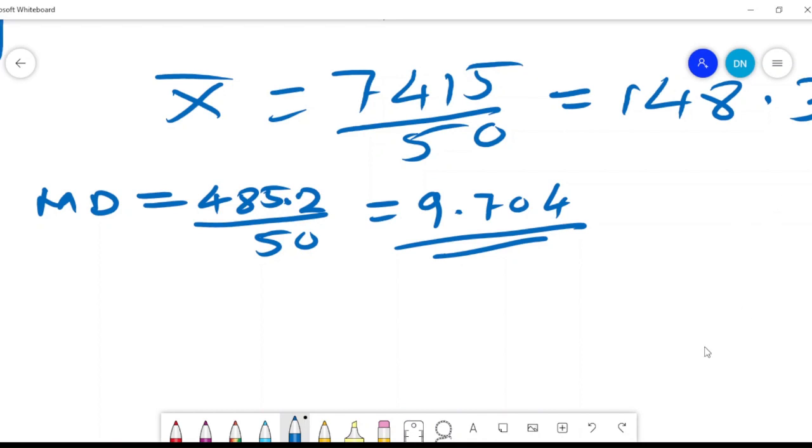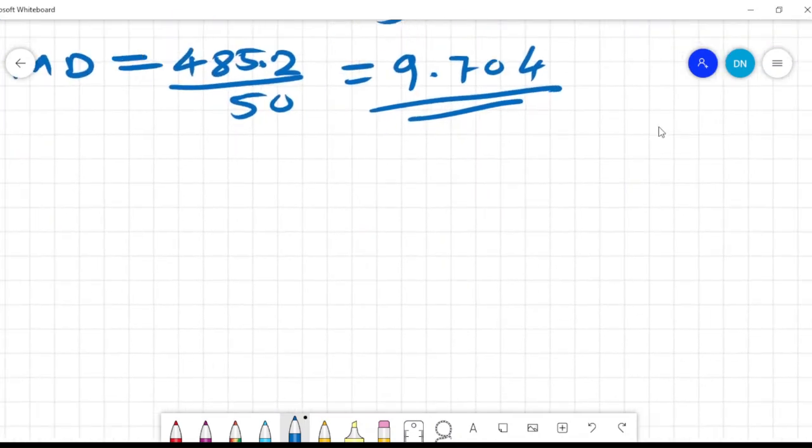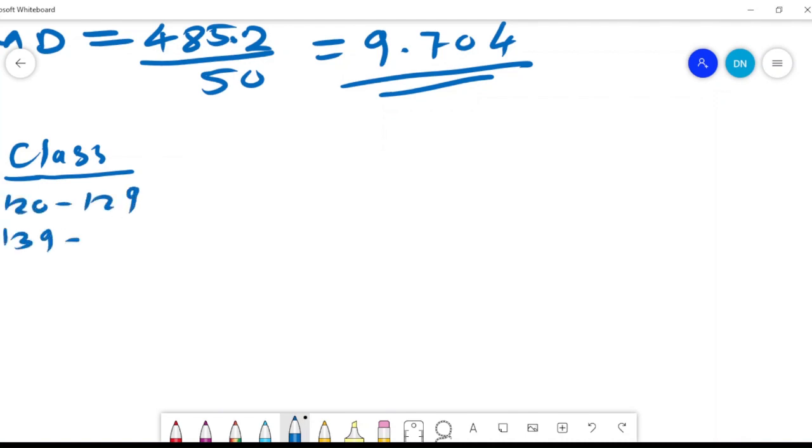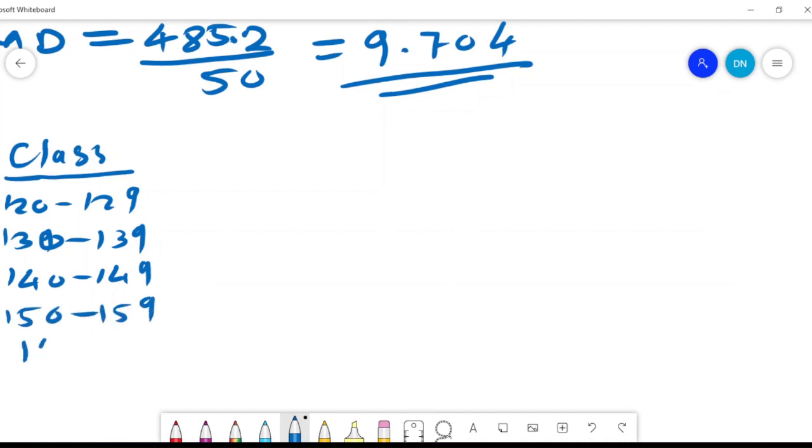Now the last step is to calculate the standard deviation, and we have our classes here that you have been dealing with, and I want to rewrite them again so that we are able to follow through. 130 to 139, 140 to 149, 150 to 159, and then 160 to 169.